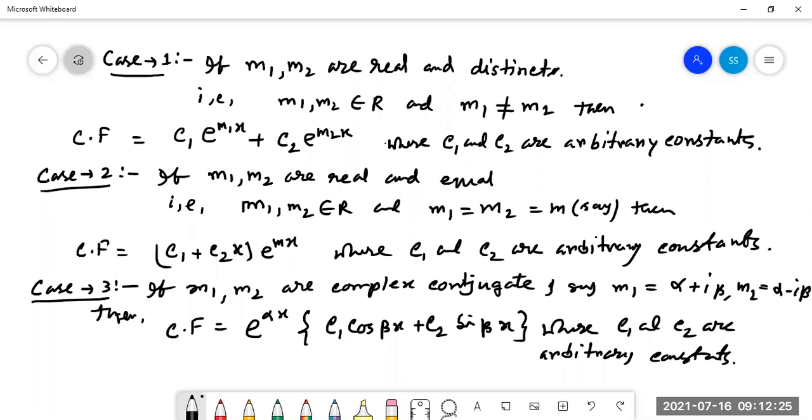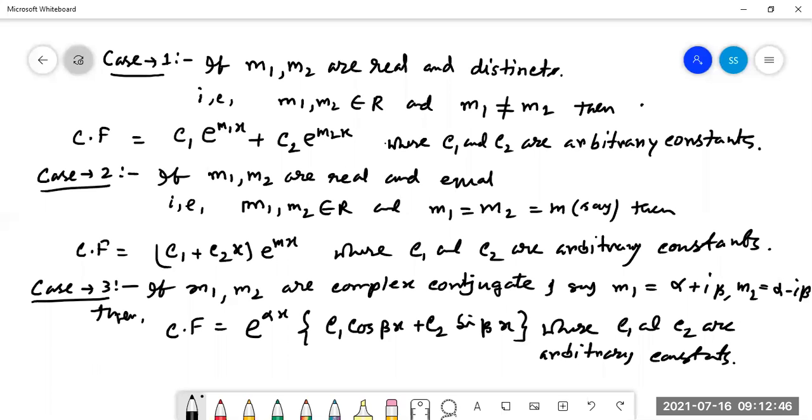So roots of the auxiliary equation may be of 3 types. Number 1, they are real and distinct. Then CF will be C1 e to the power m1x plus C2 e to the power m2x, where C1, C2 are constants. Maybe the roots may be real and equal. Then the CF equals C1 plus C2x into e to the power mx.